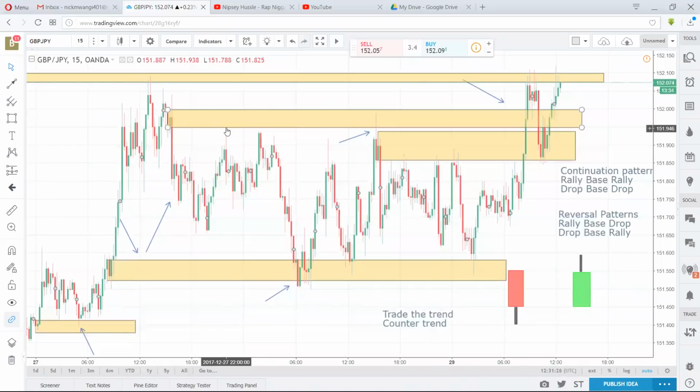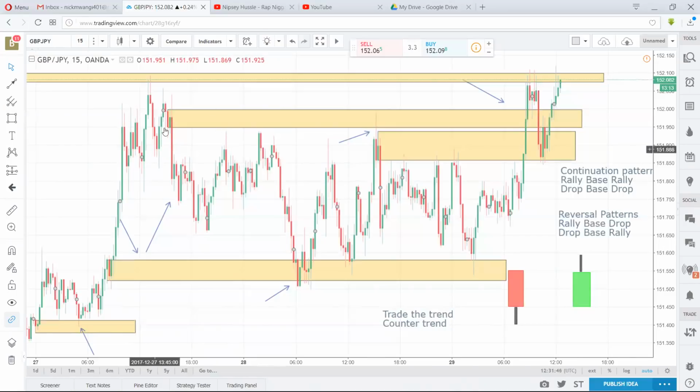But once we come to supply and demand, since these are places where institutions place their trades, that means that for every touch on that zone, the zone weakens, right? Because more orders are being filled.